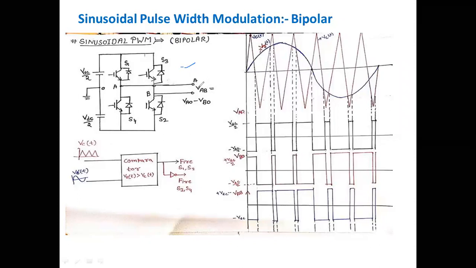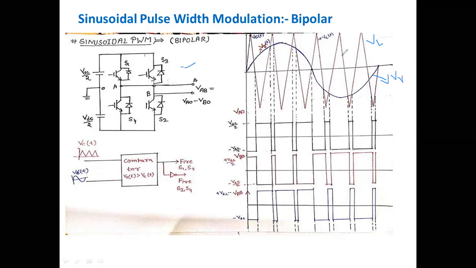Here we will get the output voltage, that is VAO minus VBO is equal to VAB. Now here we can see there are two signals. One is the sinusoidal signal and the other is the triangular signal. This triangular signal is known as the carrier signal, that is VC, and this sinusoidal signal is known as your reference signal, that is VR.